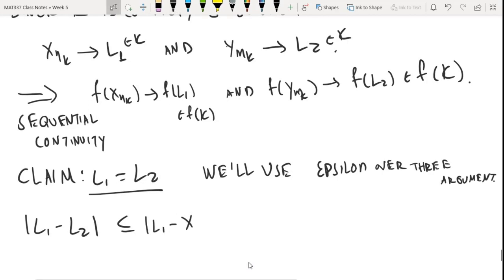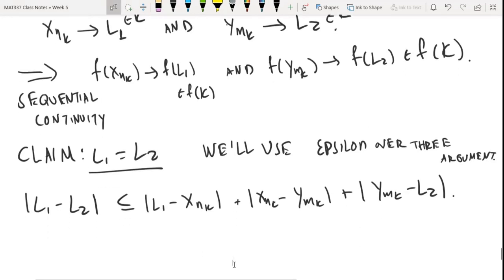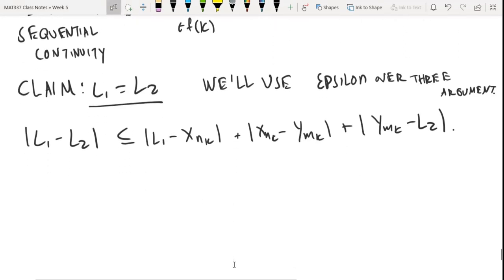So this is L1 minus x_nk plus x_nk minus y_nk plus y_nk minus L2. Okay, so we want to control each of them.